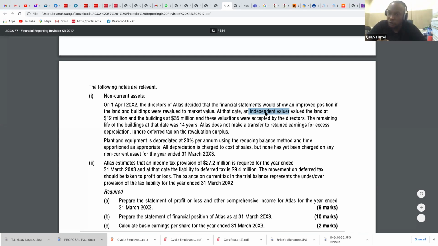But if they told you that the company carried out a self-assessment and determined that their building was this and their land was this, then you're within your right to say, since the company carried it out, I don't accept that. If they, however, tell you that the directors of the company have gotten information from someone that is outside that organization that this is the value of this, then that you will use.